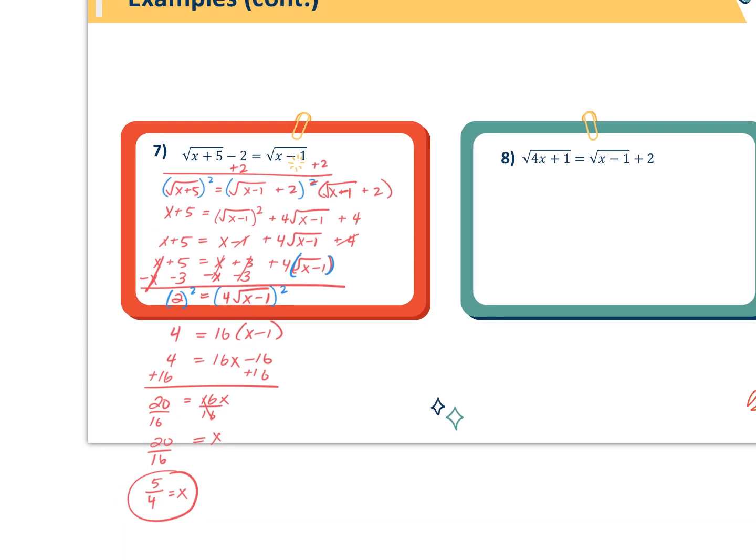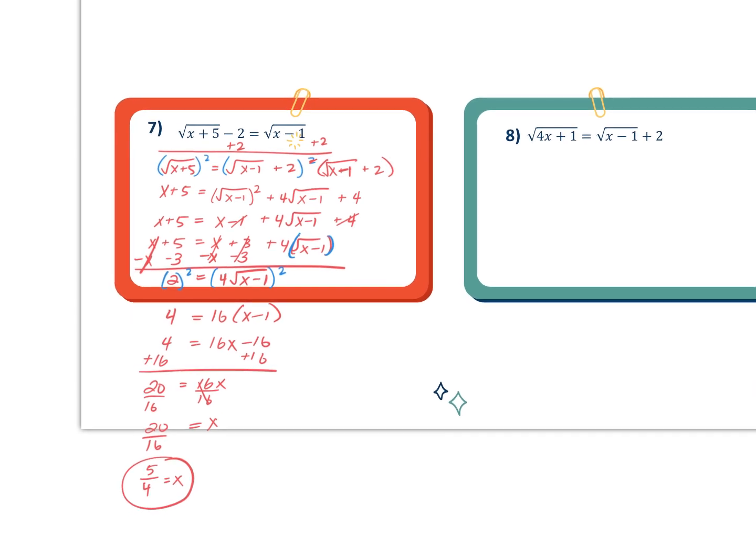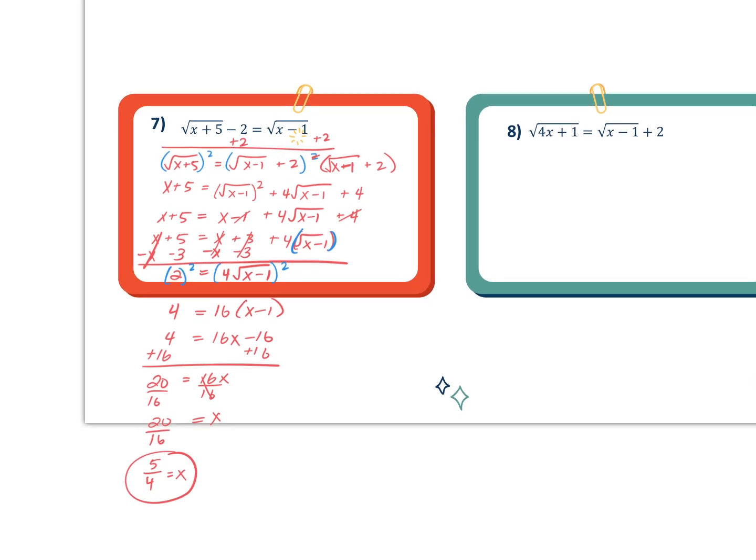So that's a good one. And again, when I go to plug these in, I shouldn't have any issues with 5 over 4. Again, you can always check yourself here, though, just to be sure. 5 over 4 is 1 1/4. Okay, and so I could do square root of 6 1/4 minus 2 equals 1 1/4 minus square root of 1 1/4, right?